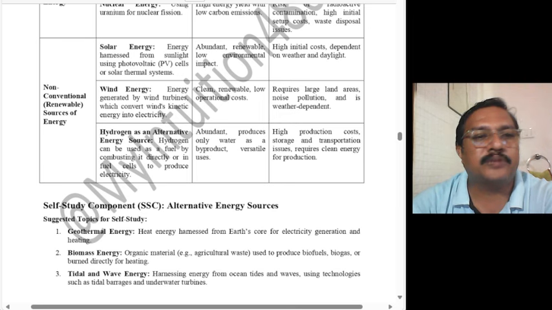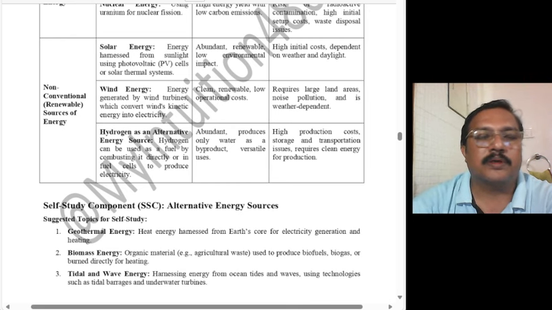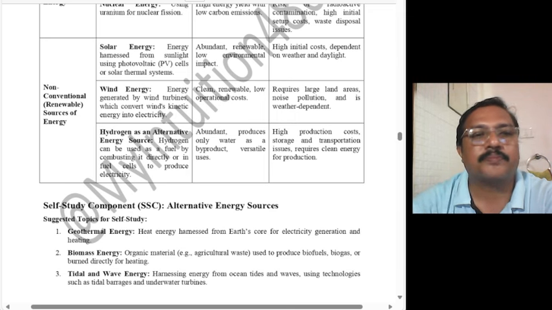These are energy sources which can be used again and again without running out. It is always better for the environment, like solar energy, which is energy from the sun.